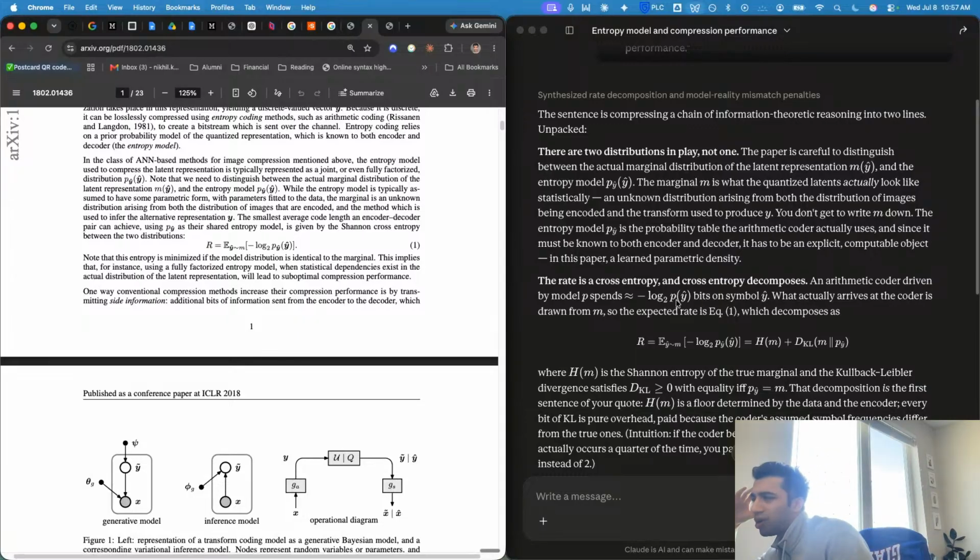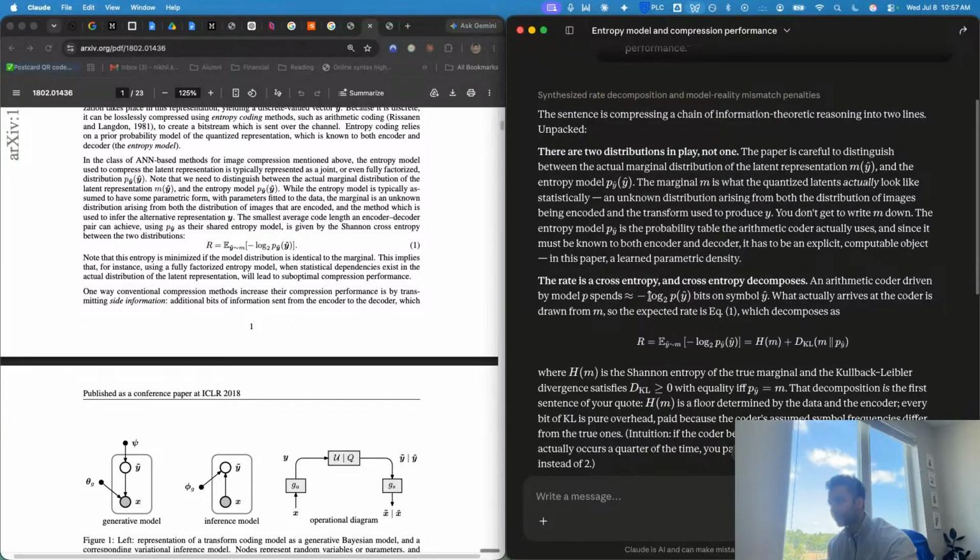But by the way, why does it spend that many bits? First of all, y hat is a vector. P of y hat is the frequency. Oh, I see.